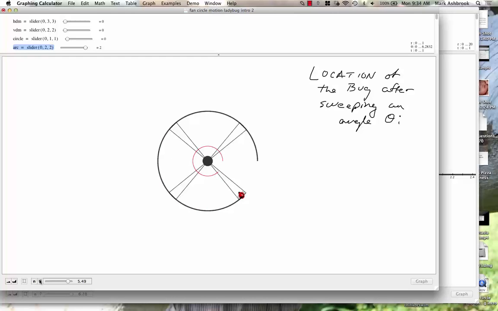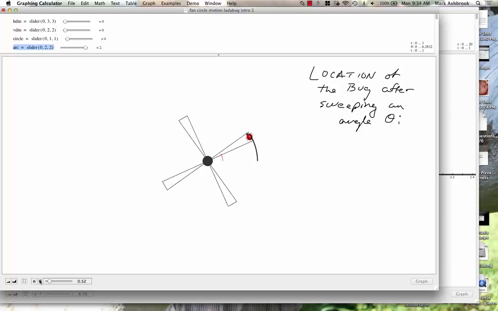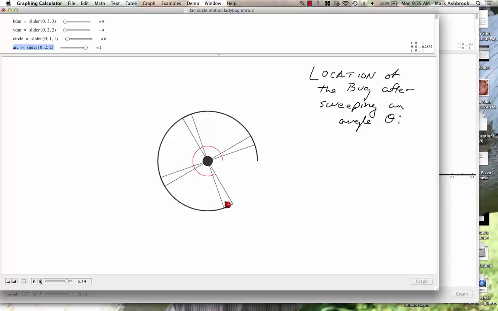So what kind of quantity would help us pinpoint the location of the bug? Any ideas? We pick an angle, and that determines a location of the bug, and we want to quantify that. We want to measure where the bug is. How could we do it?